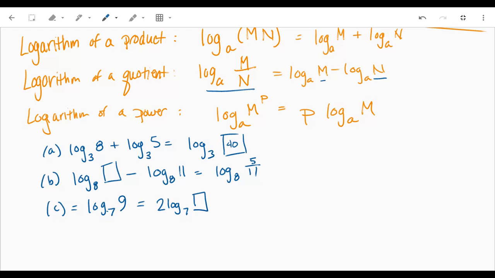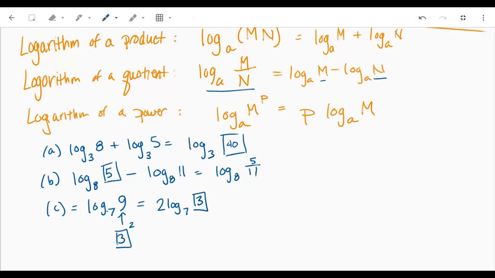So to get 5 over 11, that first blank would have to be a 5. And then C, we have to figure out what 9 can be written as to the second power so that we can take that 2 out front. So it's got to be 3.